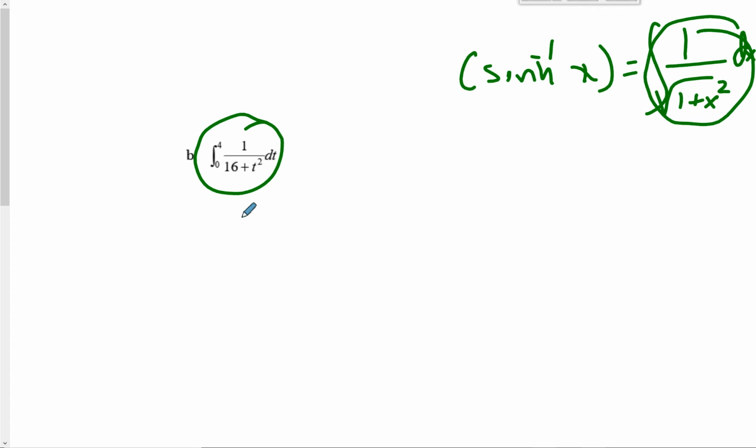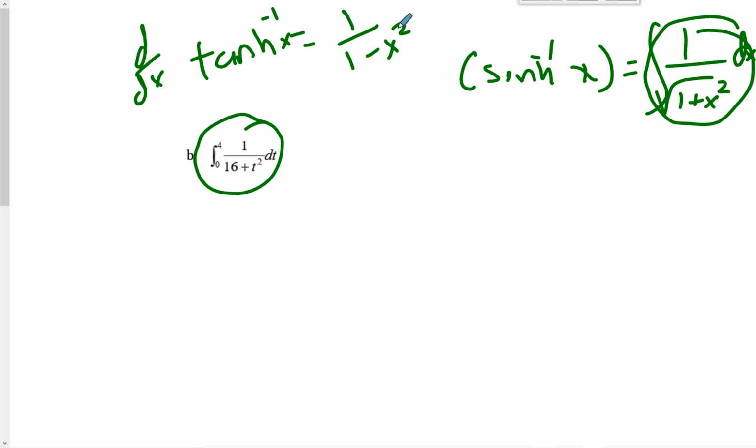The inverse ones look like this, right? So the answer to this is probably going to be in some form of inverse hyperbolic sine or inverse hyperbolic tangent, okay? Because the derivative of that looks like 1 over 1 minus x squared, right? So it kind of looks like this form. We have something squared on the bottom, but this needs to be a 1, correct? So we're going to have to manipulate. We're going to do substitution.